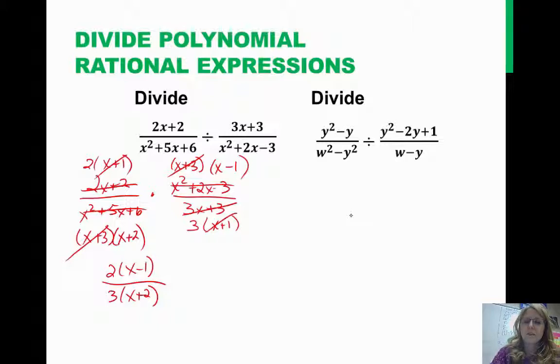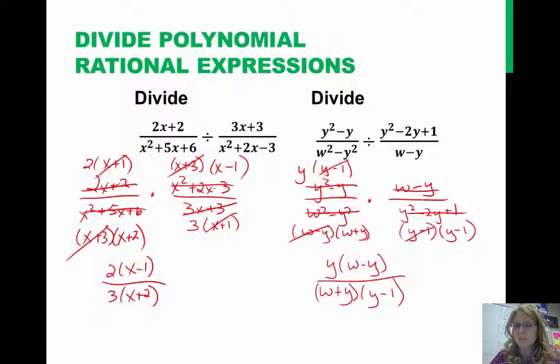All right, so I'm going to pause the video, and I want you to take a moment to try this one. Okay, so after solving this and factoring it, I could cancel out the y minus 1 here, and w minus y here. And what I'm left with is y times w minus y on the top, and w plus y.